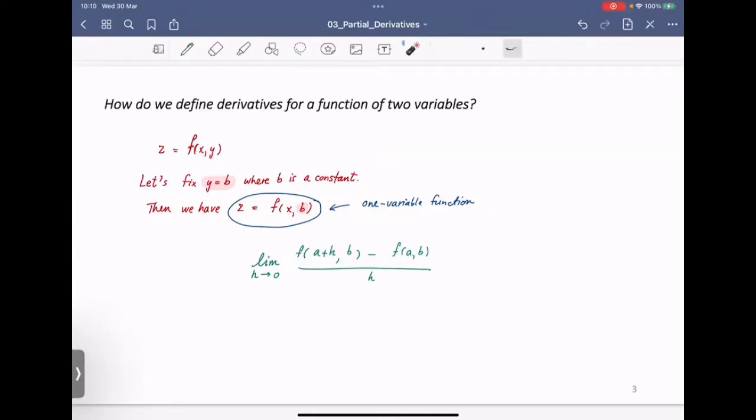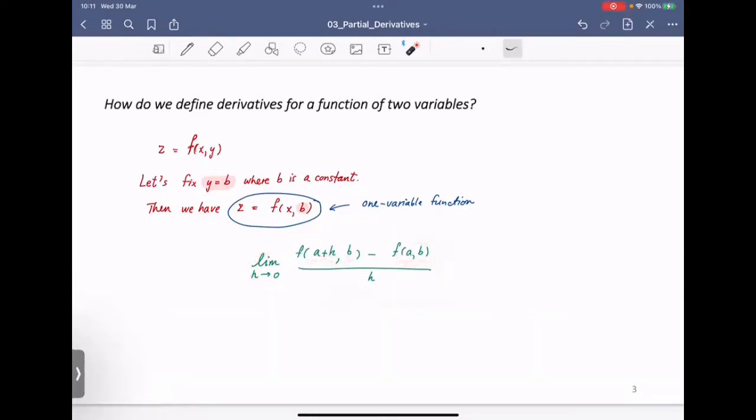You can see that b does not change at all. b is going to be the same because you fixed b to be constant. And then what you move here is your x variable. So you move from a to a + h. It means you are looking for the change in the x direction, but the y you keep fixed.